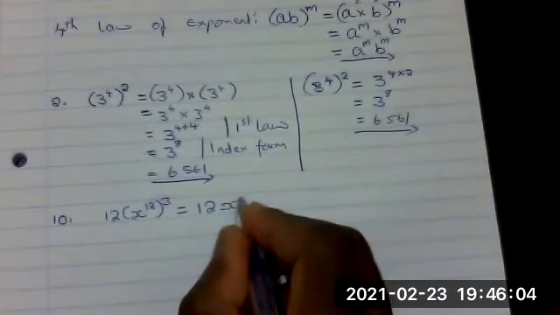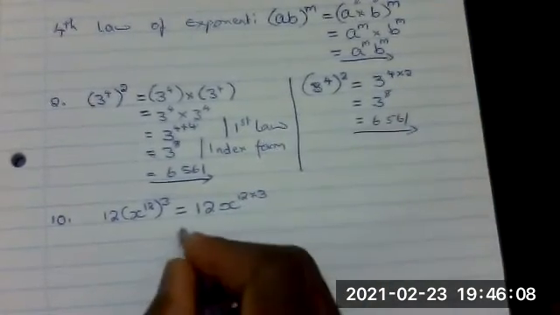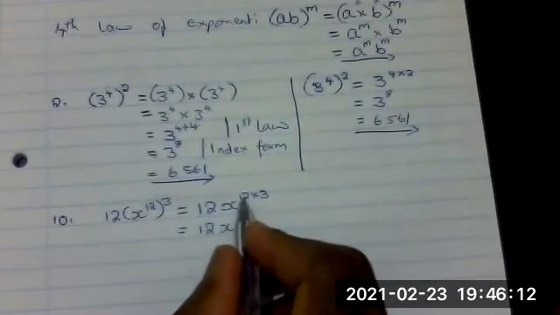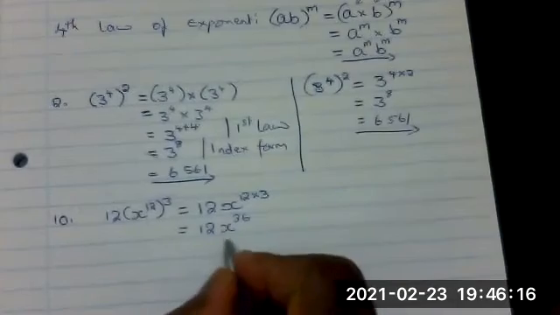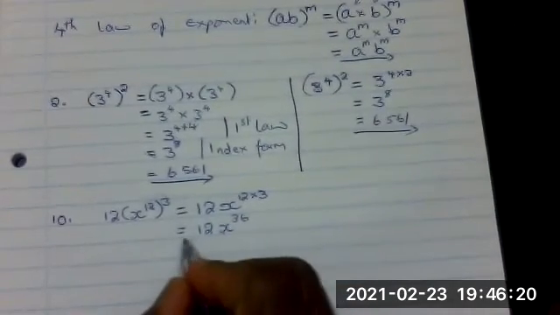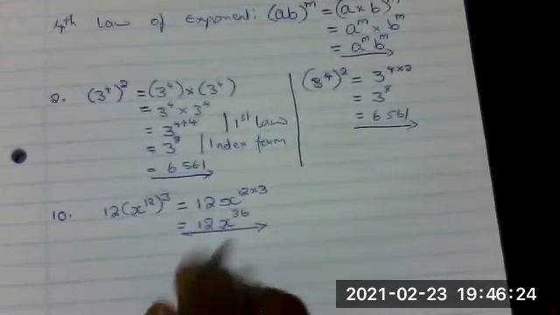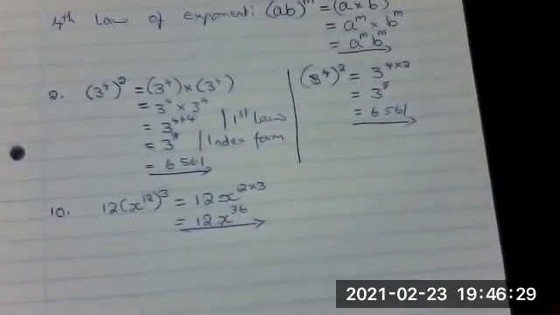So it's 12x to exponent 12 times 3, that's exponent 36. Since we don't know the value of x, we can leave our answer as 12x to exponent 36. That's our final answer.